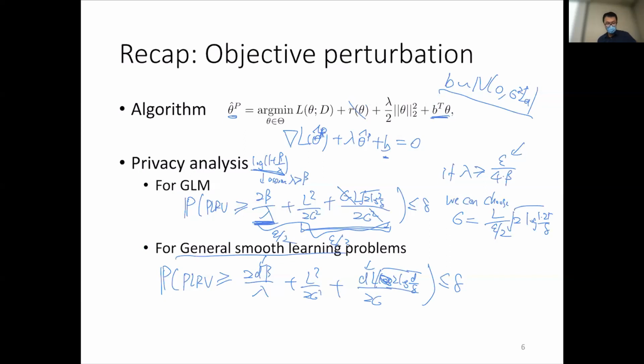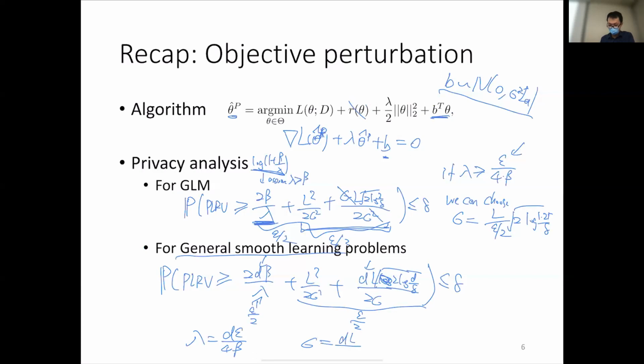If we do the same calculations and handle both terms separately, by setting this part to be half epsilon and this part to be also half epsilon, then we can get epsilon delta DP. The corresponding choice of lambda basically just needs to be d times larger, and the corresponding choice of sigma also needs to be larger by a factor of d.